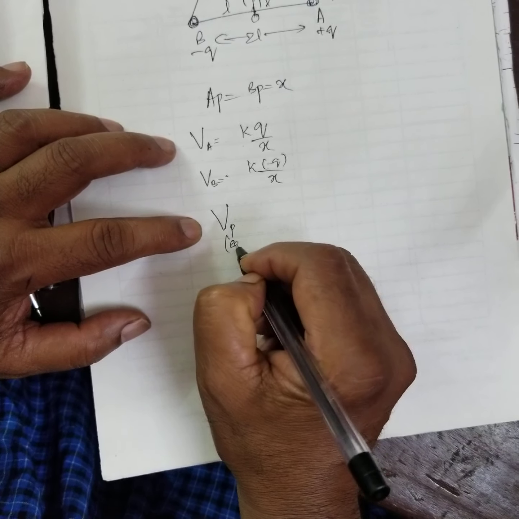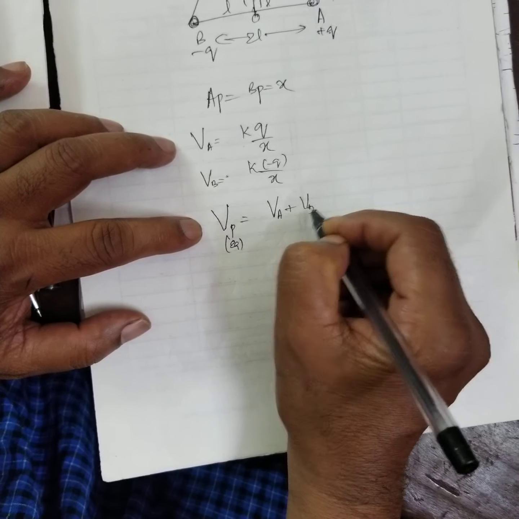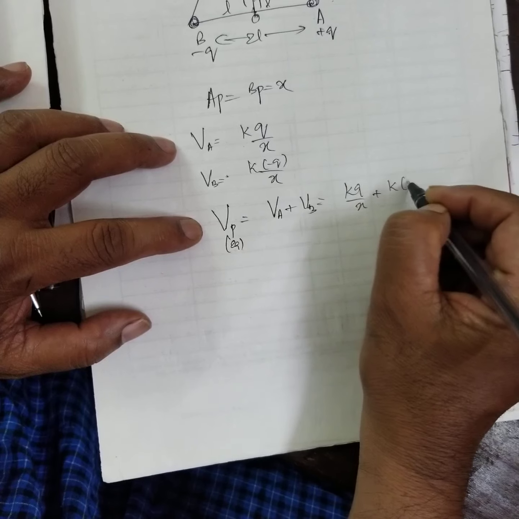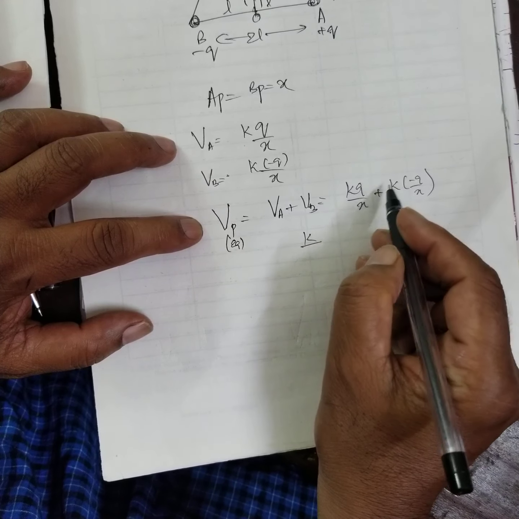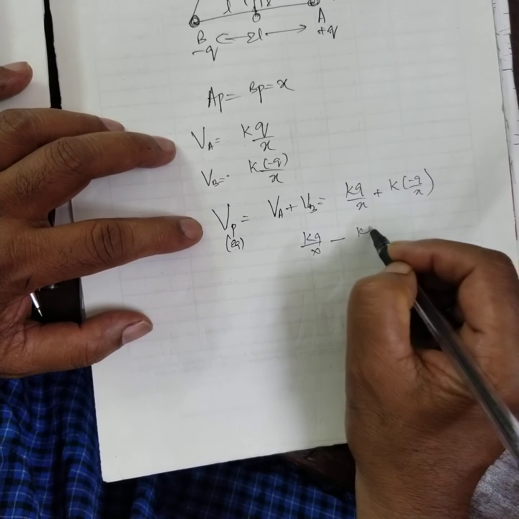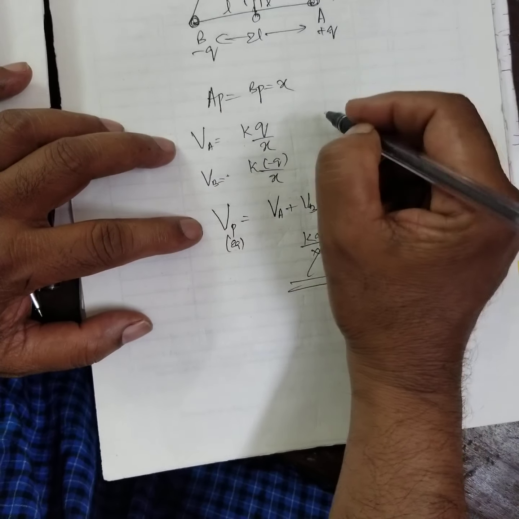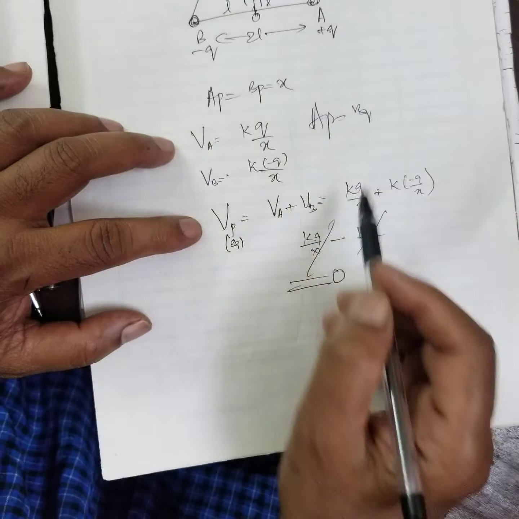This is the equatorial line. It is potential at A plus potential at B, equal to KQ by X minus KQ by X. Both get cancelled. Zero. Actually AP equals BP, both are X.